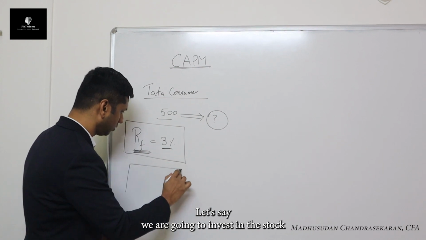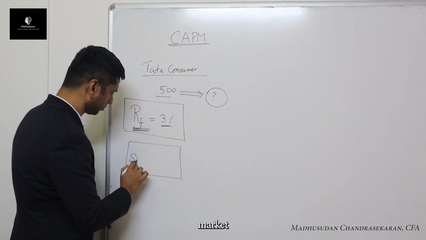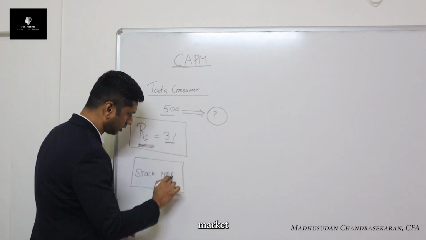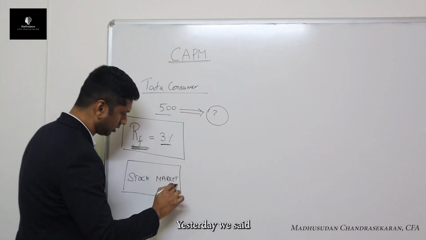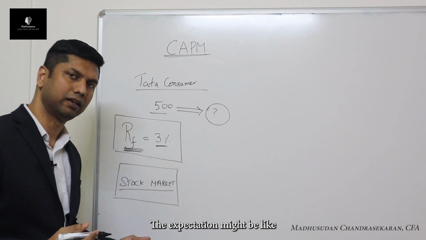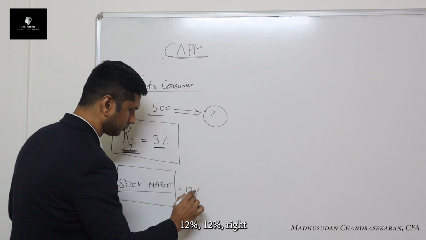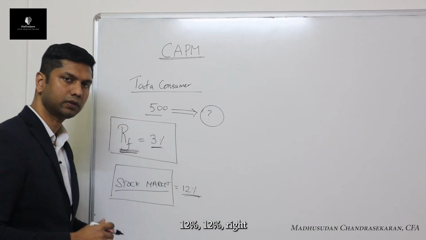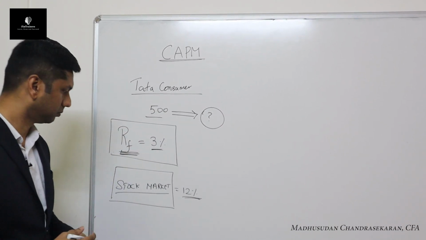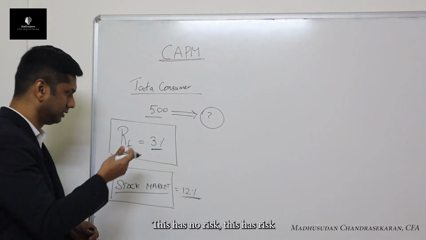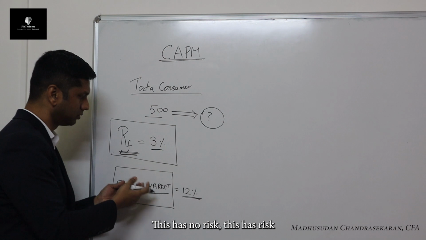Now we are going to talk about taking on risk. Let's say we are going to invest in the stock market. Yesterday we said the expectation might be like 12%, because the stock market has risk. This has no risk, this has risk.